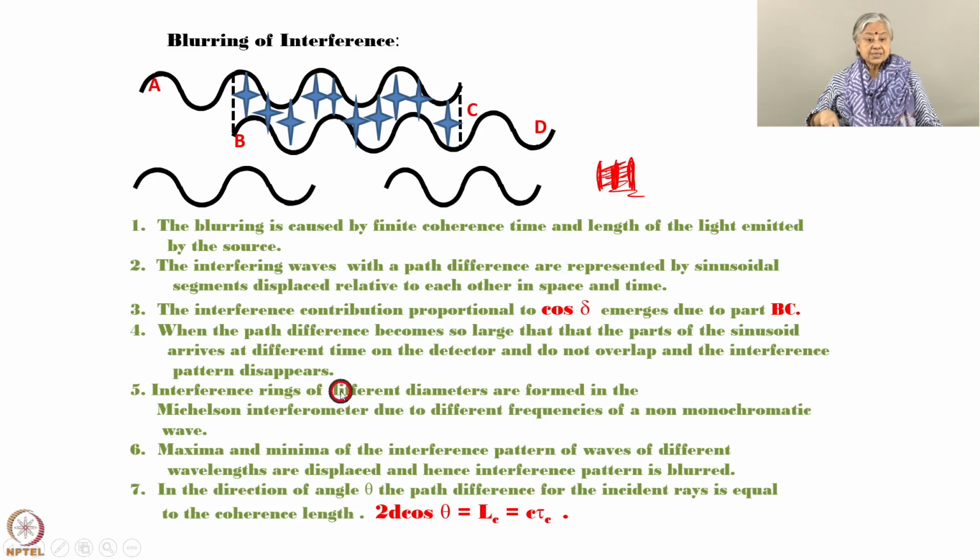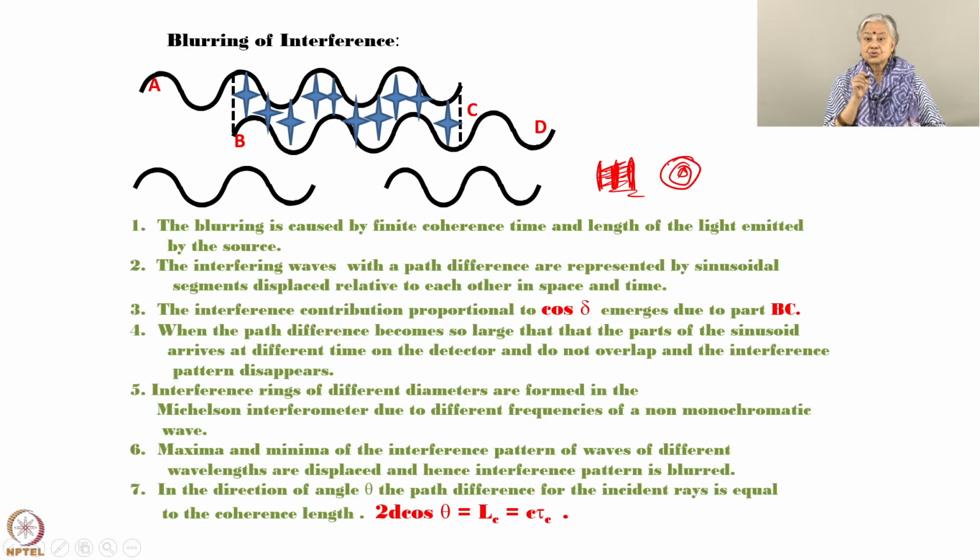All right. So, here I say interference rings of different diameters, rings because it was Michelson's interferometer, are formed in the Michelson's interferometer due to different frequencies of a non-monochromatic wave. So, if I have a monochromatic wave, I won't get these rings. If I have a non-monochromatic wave, I will get those fringe patterns, that means those rings. I should not show the fringes this way, I will show it as rings.